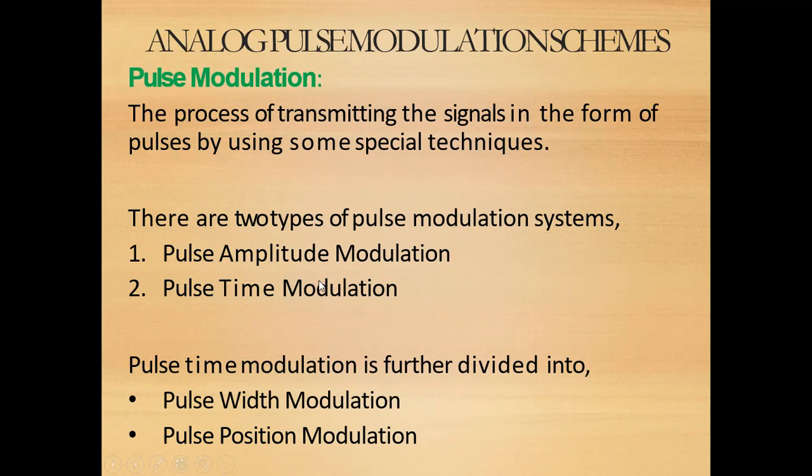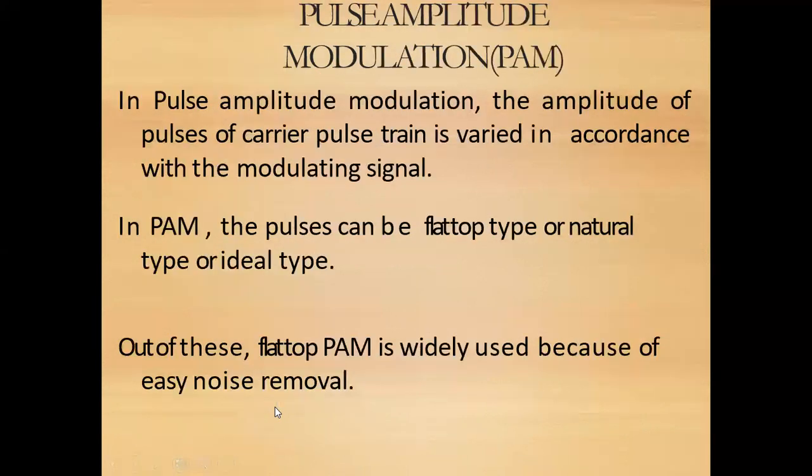So coming to the types, it is first divided into two types: pulse amplitude modulation and pulse time modulation. The pulse time modulation is further divided into two types, pulse width modulation and pulse position modulation. Now we will see about PAM. The definition of pulse amplitude modulation: the amplitude of the carrier pulse train is varied in accordance with the modulating signal.